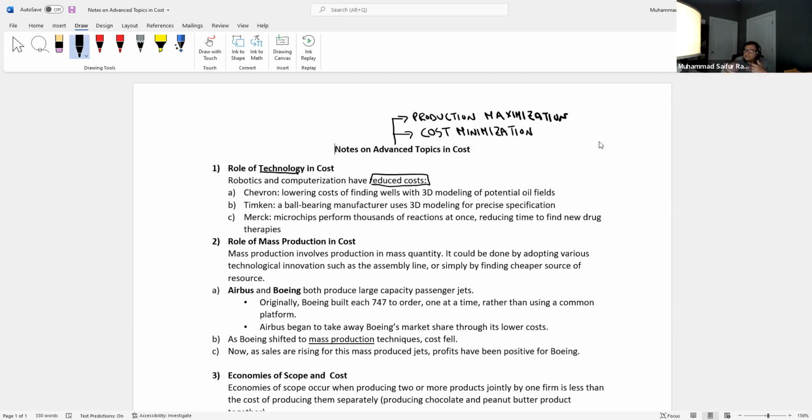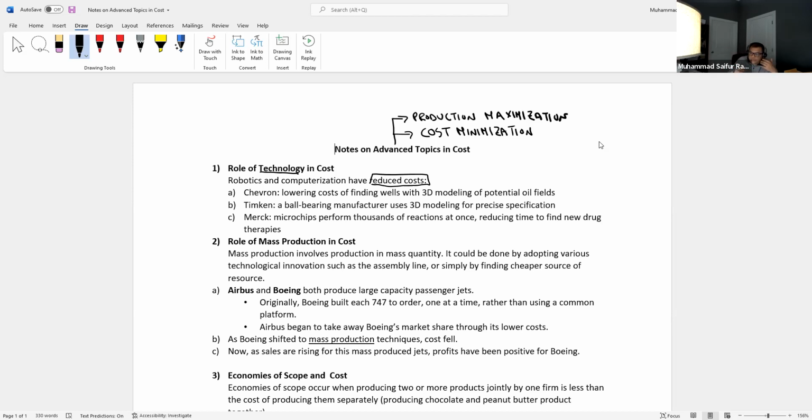So Chevron is basically an oil exploring company, and back in the old days, most of the oil exploration was based on very primitive seismographic technology, where you would basically scan the areas that are suitable for oil exploration, and most of the time the data you would get would be inaccurate, or not as precisely accurate as you want it to be.